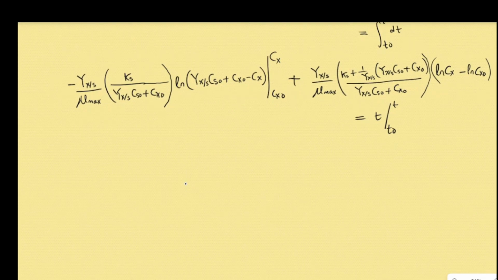So if we keep on going, we now have minus Yx/s over mu max, and we now have Ks over Yx/s Cs naught plus Cx naught.